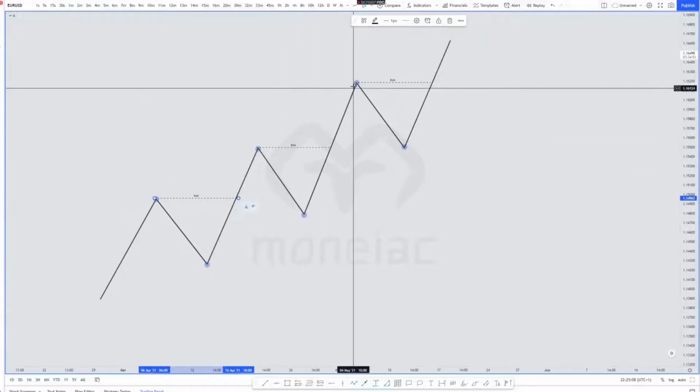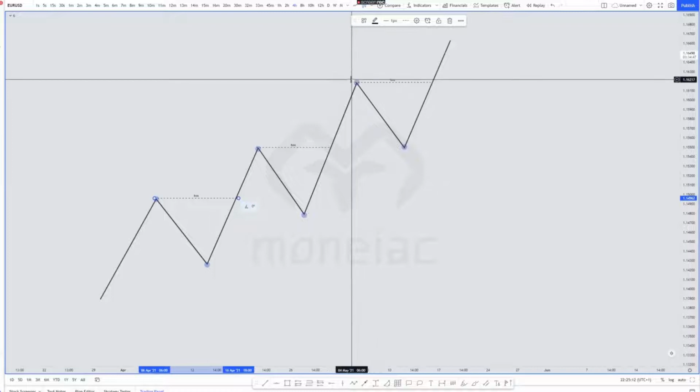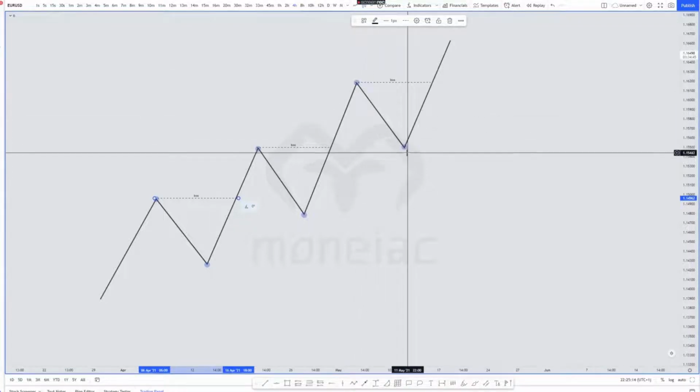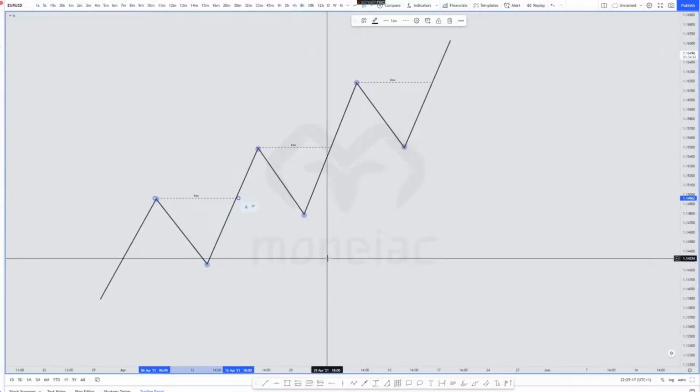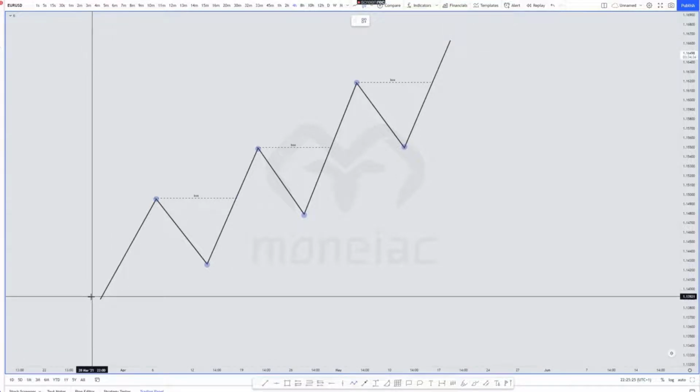Now as we put in another higher high, my expectation is once again to have a pullback. And we will talk about how to spot changes of character a little earlier as we get into that section, but I just want you to focus on expectational order flow for now.